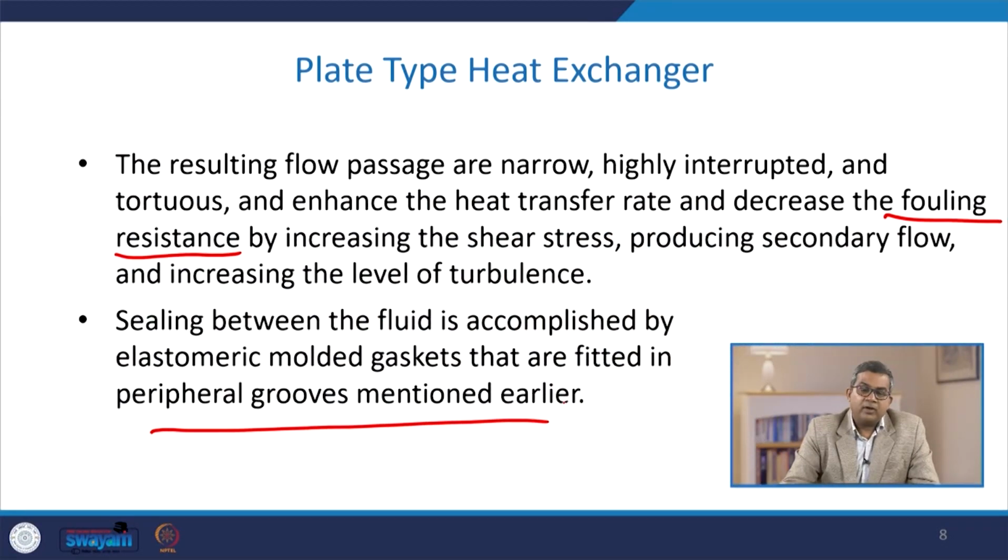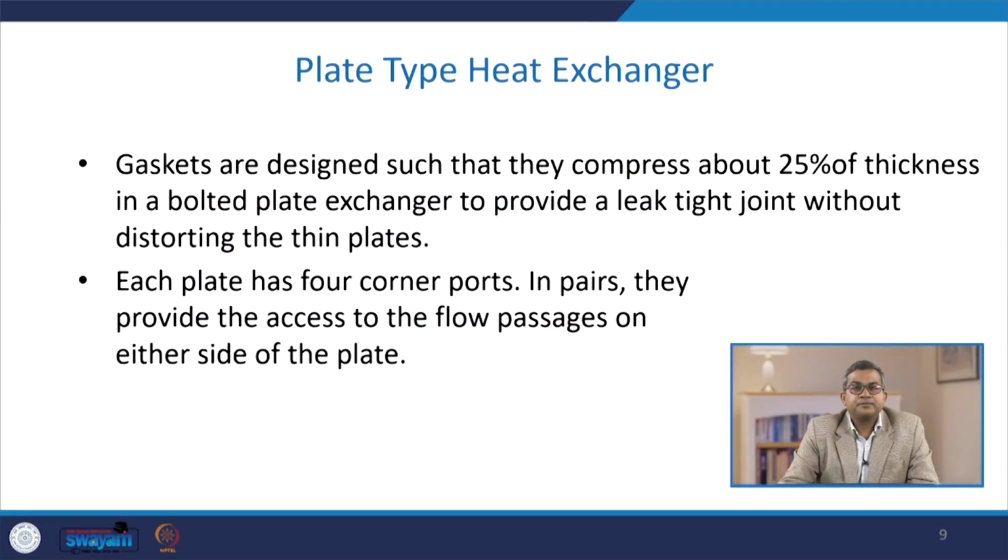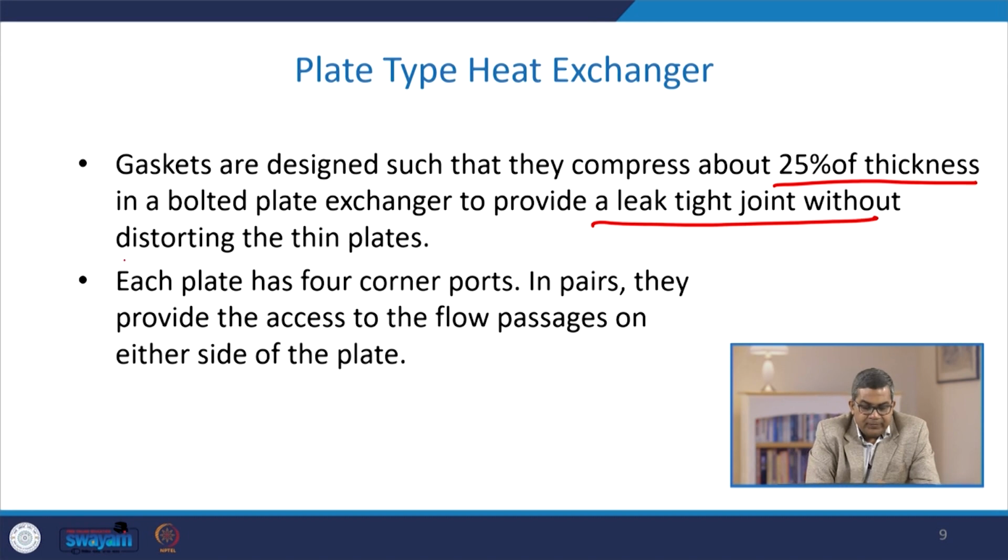Now sealing between the fluids is usually accomplished by elastomeric molded gaskets, and these are fitted in the peripheral grooves, which we have already shown in the figure. These gaskets are designed such that they compress about 25% of thickness in a bolted plate exchanger to provide a leak tight joint without distorting the thin plates.